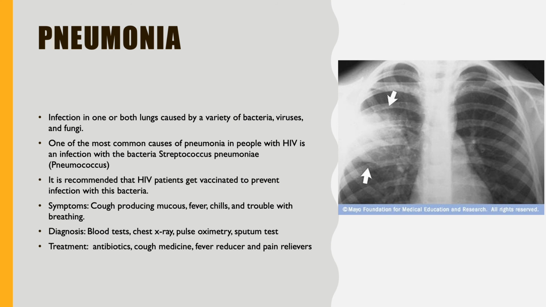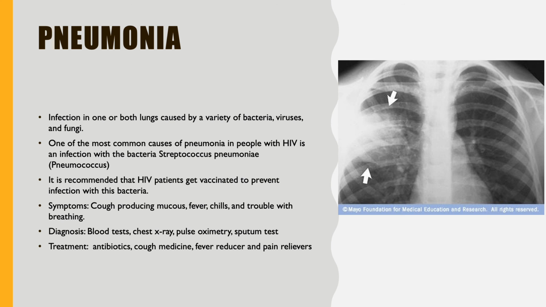Next, we have pneumonia, which can be an infection in one or both of the lungs caused by a variety of different bacteria, viruses, and fungi. One of the most common causes of pneumonia in people with HIV is an infection with the bacteria Streptococcus pneumoniae, which is also known as pneumococcus. It is recommended that HIV patients get vaccinated in order to prevent infection with this bacteria.